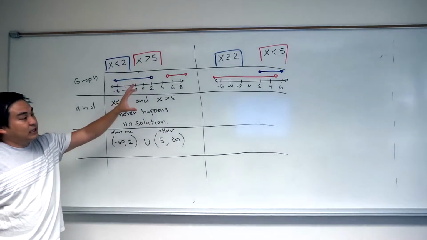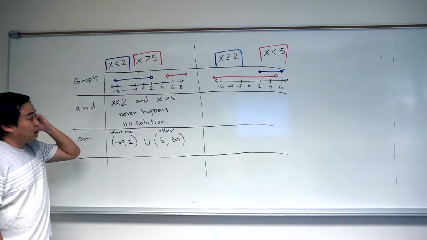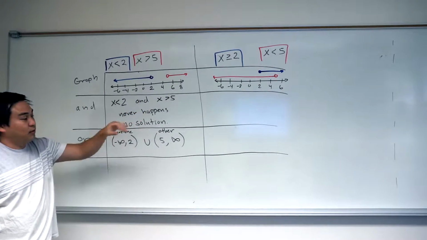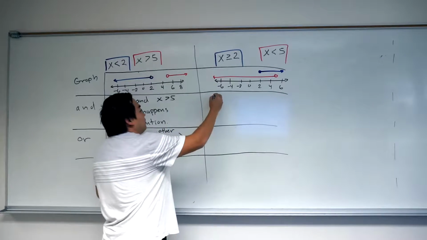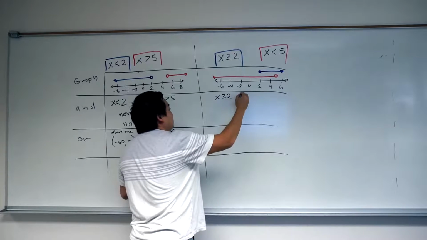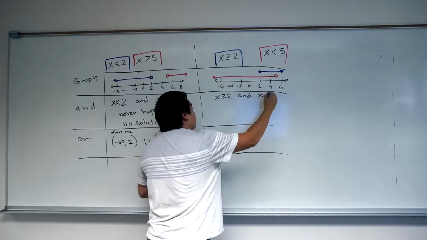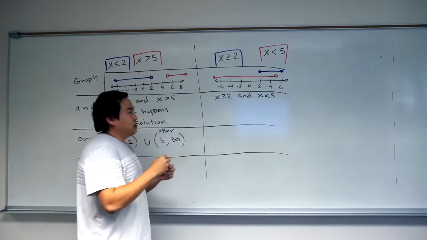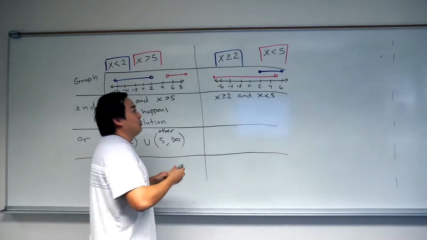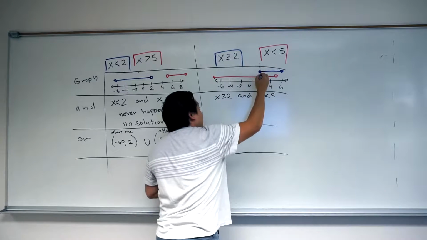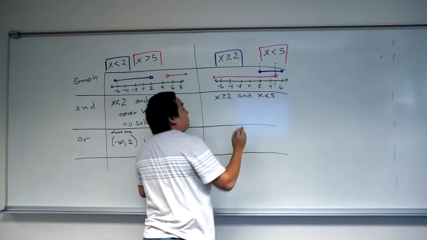Now you'll see that it is different when you're talking about the inequality on the right-hand side. So for this one, again, it is "and." So where do both of these happen? Where does the blue and the red happen? And that happens right there.